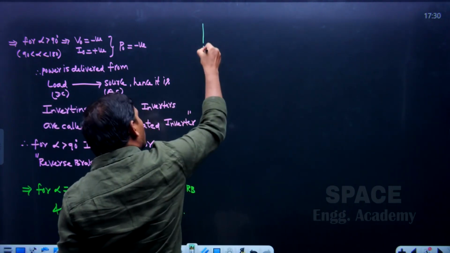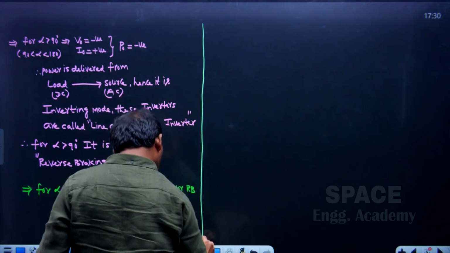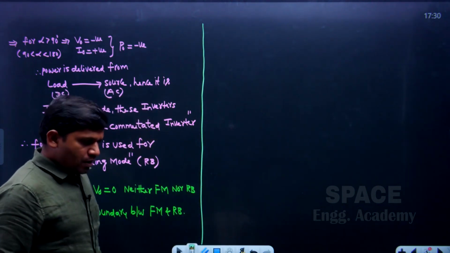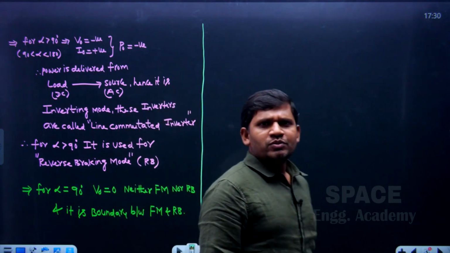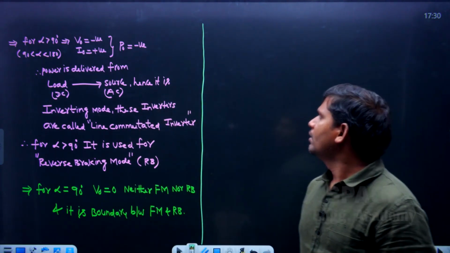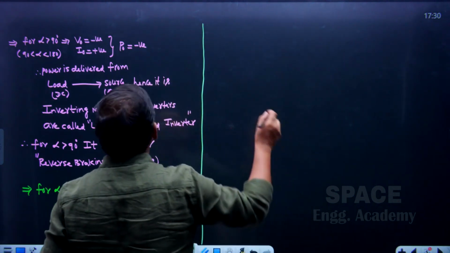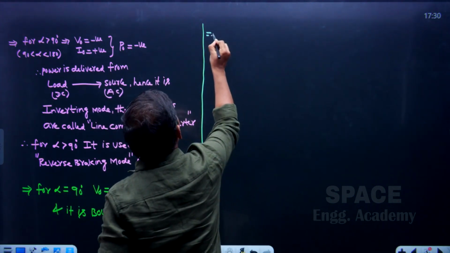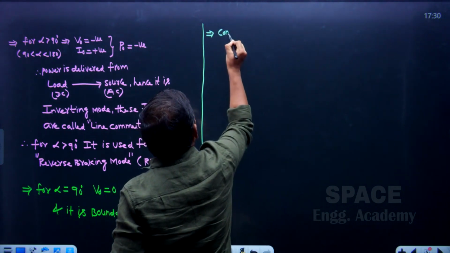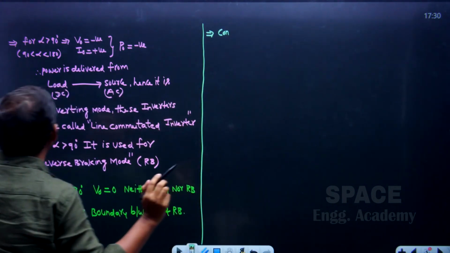Okay, that point you mainly have to concentrate on. One more observation, students: what exactly is a line commutated inverter, that is important.